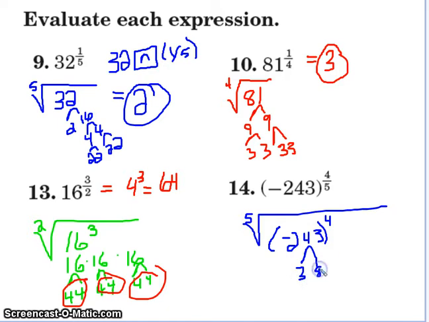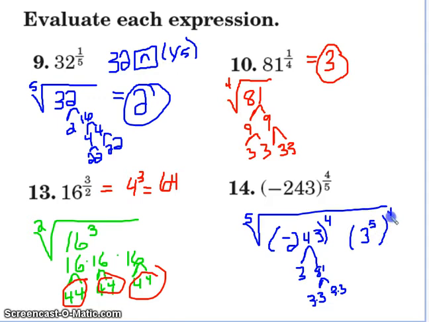And then 81 we just said was 4 3s. So this is actually 1, 2, because it's 9 times 9, and then 3, 4. So we can write this as 3 to the 5th raised to the 4th power.